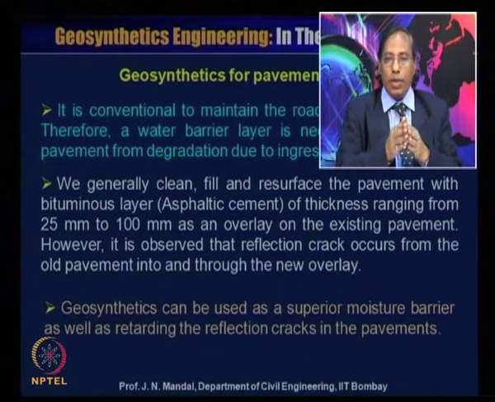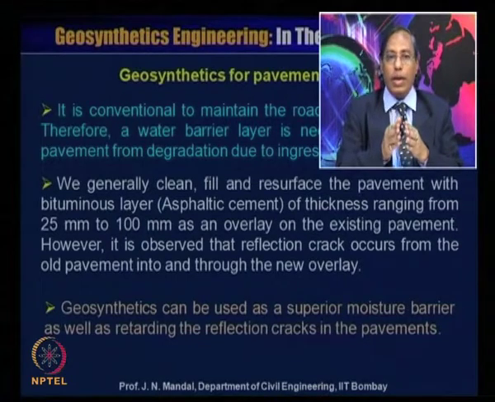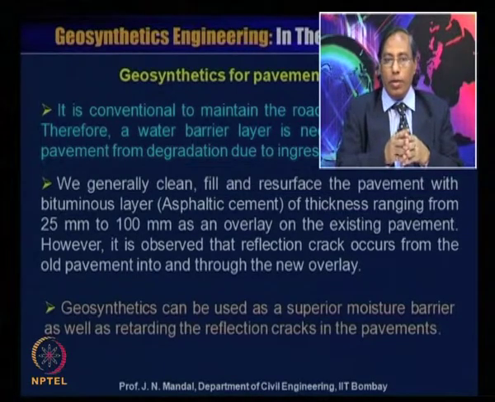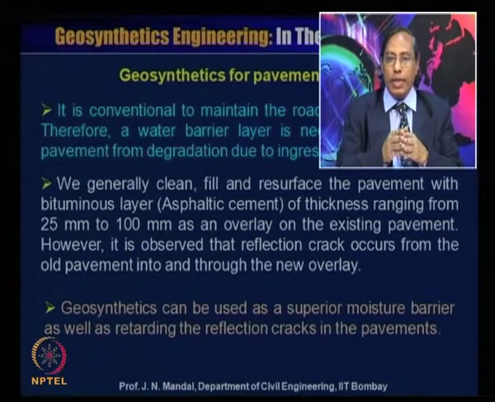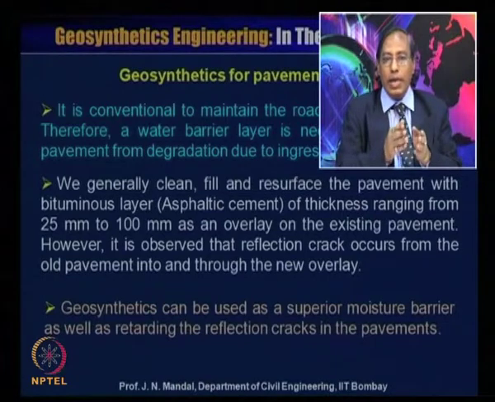However, it is observed that reflection cracks occur from the old pavement into and through the new overlay. So, geosynthetics can be used as a superior moisture barrier as well as for retarding the reflection crack in the pavement.